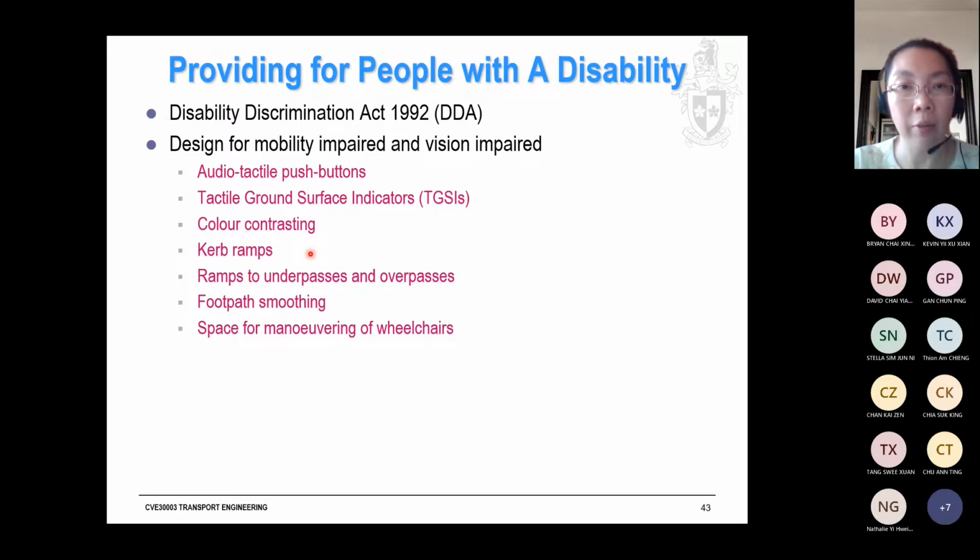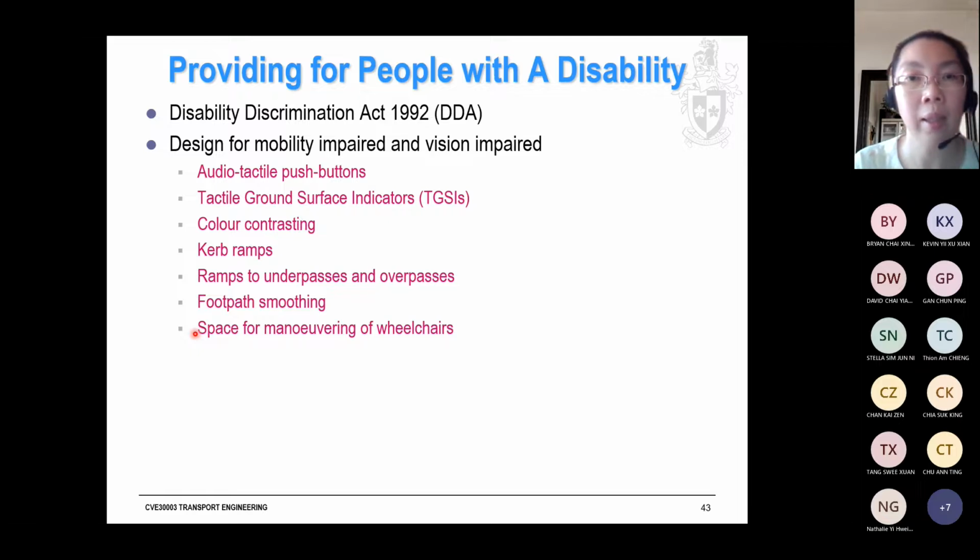And for people with mobility issues, we need to provide, for example, curb ramps, ramps to underpasses, overpasses, footpath smoothing, and space for maneuver of wheelchairs. So these are things that we need to consider for mobility impaired persons. Sometimes we take it for granted.